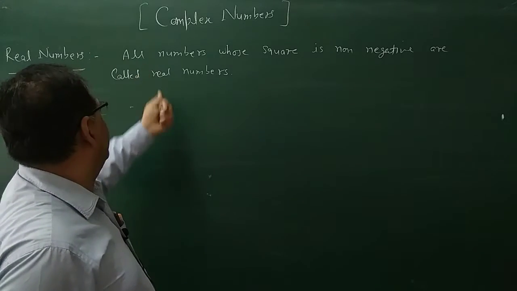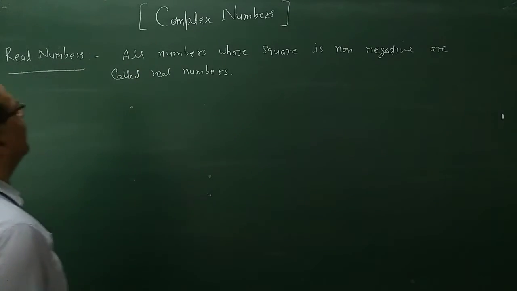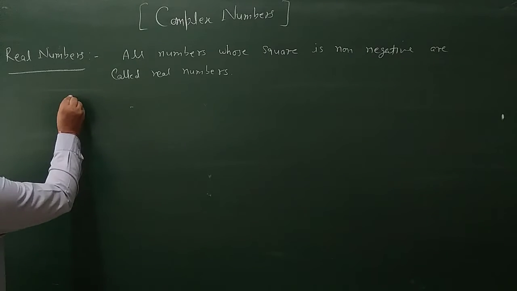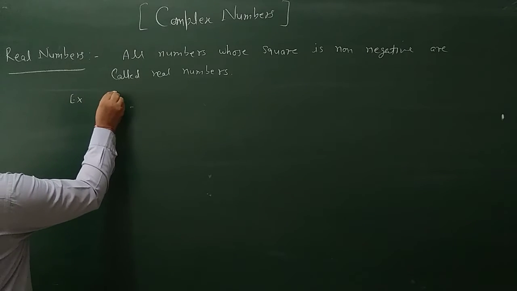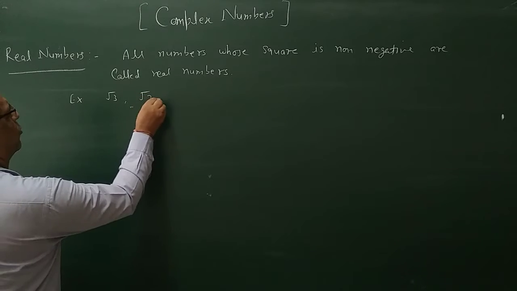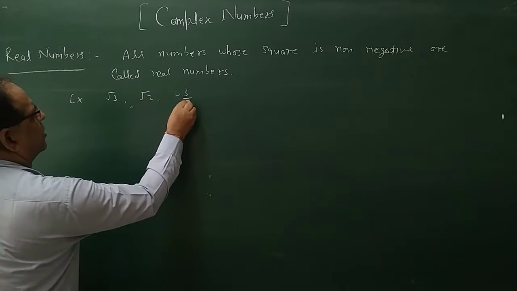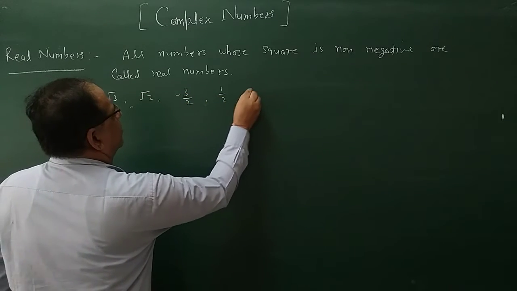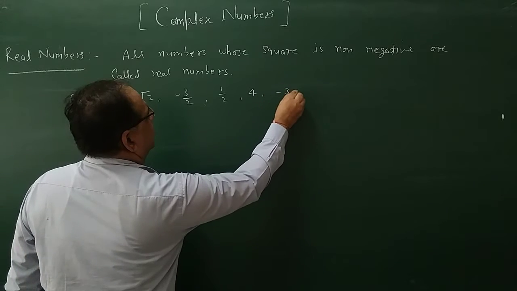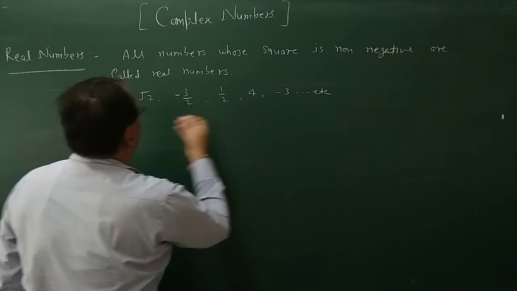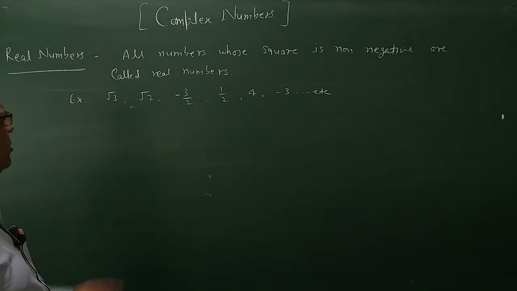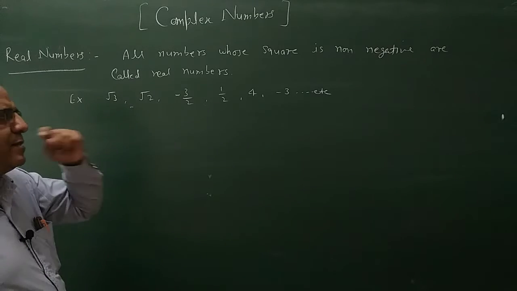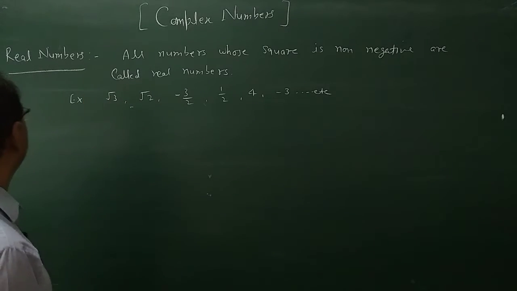So these types of numbers are called real numbers. For example, root 3, root 2, minus 3 by 2, 1 by 2, 4, minus 3, etc. All the numbers whose squares are always non-negative are called real numbers.